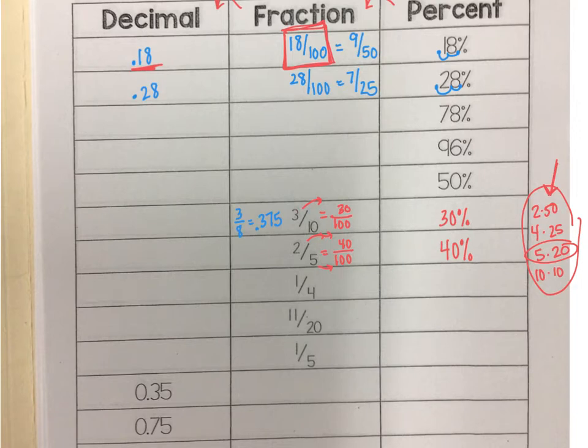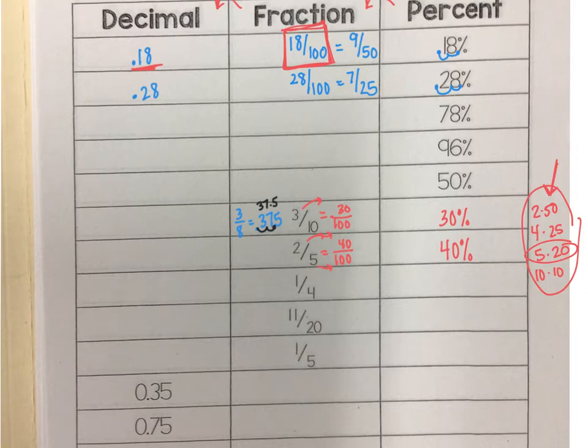So anyway, back to this. If I take 3 divided by 8, here's the decimal I get. I move the decimal 2 places to the right to go from a decimal to a percent. Okay, so that would give me 37 and 5/10%.